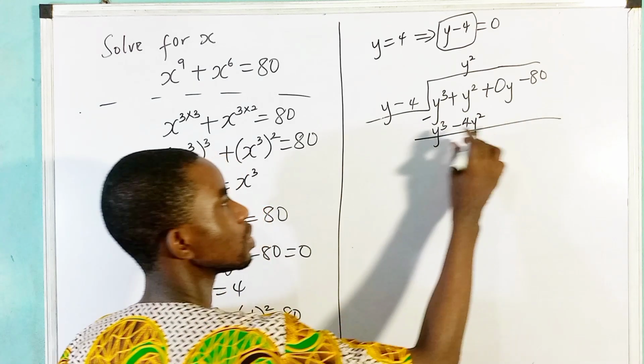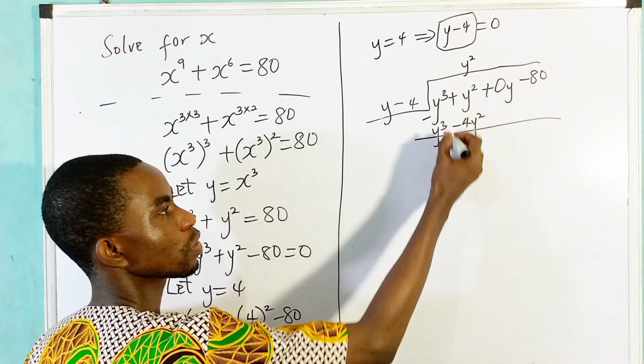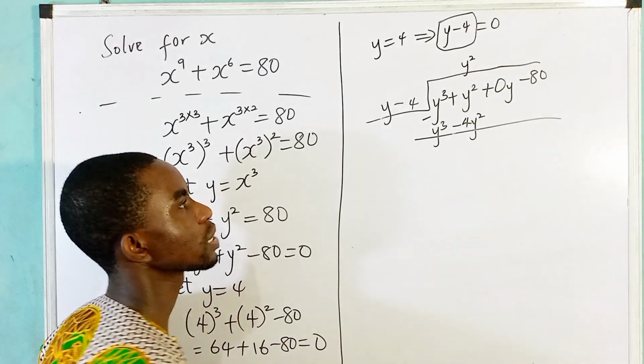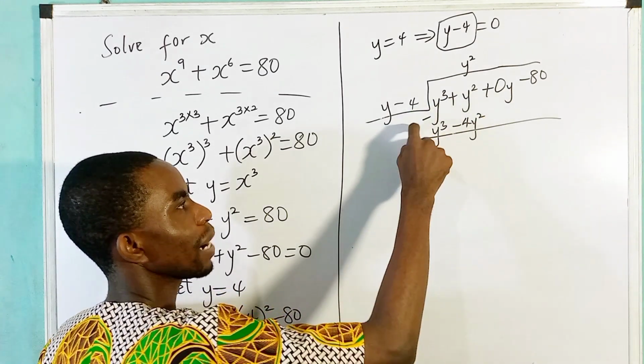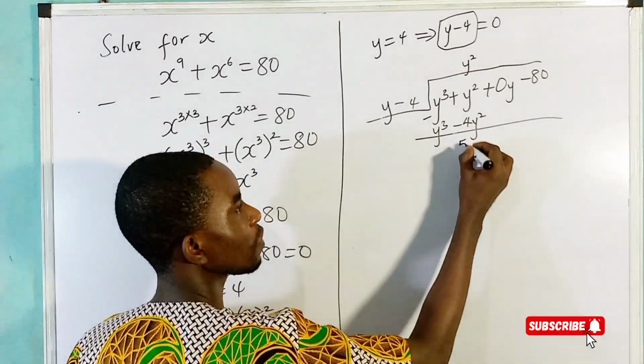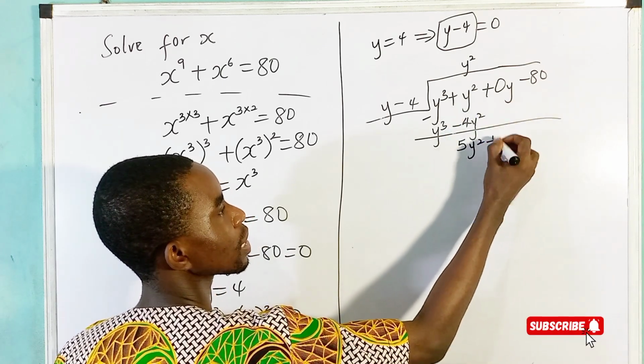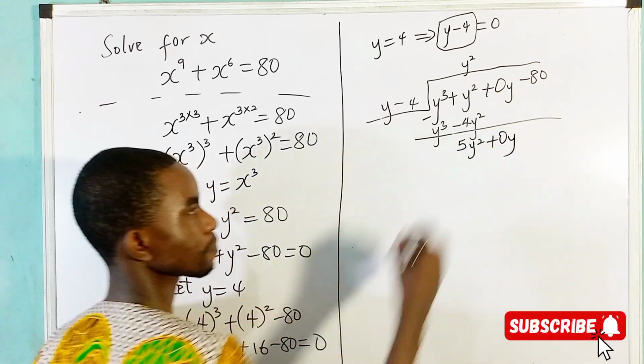Subtract this part from this part. We have y cubed minus y cubed, 0, not important. y squared minus minus 4y squared will be 5y squared. So we have 5y squared, and then we bring down 0y.